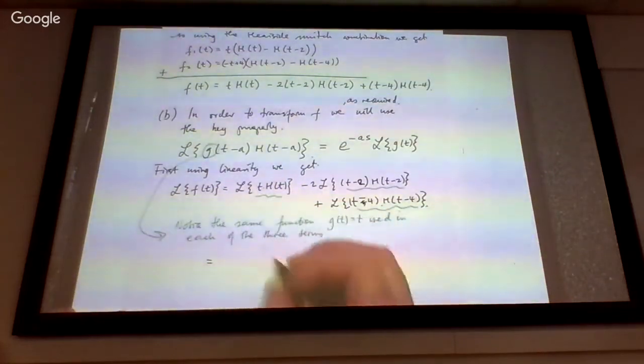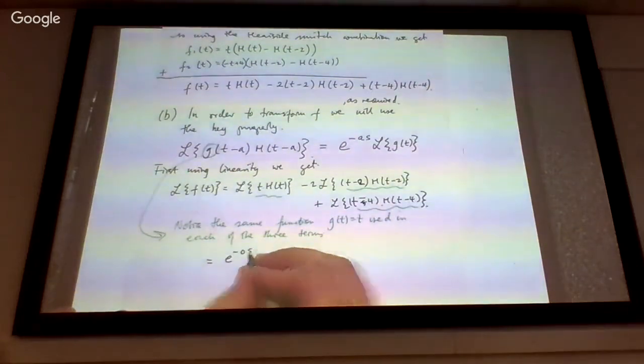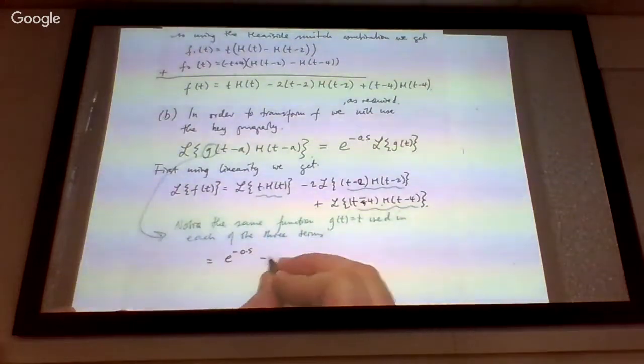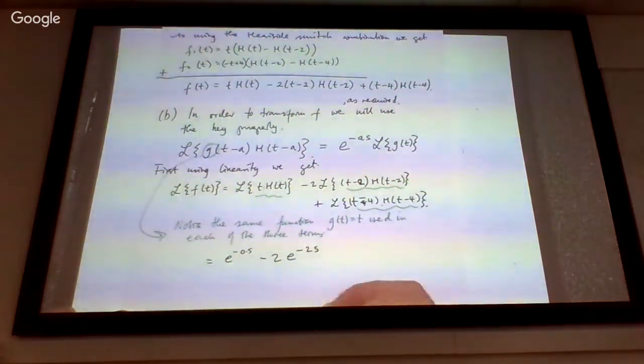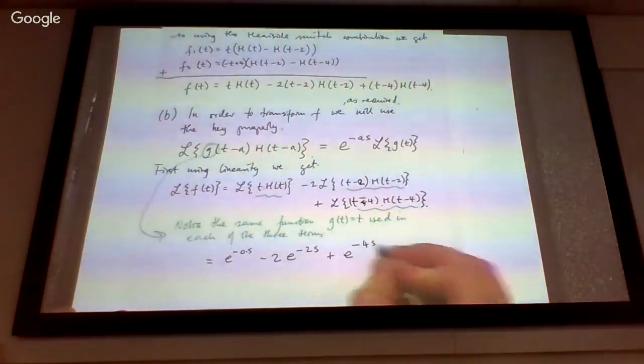So here it's a equals 0, so we simply have e to the 0s, maybe just 1. Here we have minus 2 times e with a equals 2, so e to the minus 2s. And here we have e to the minus 4s.